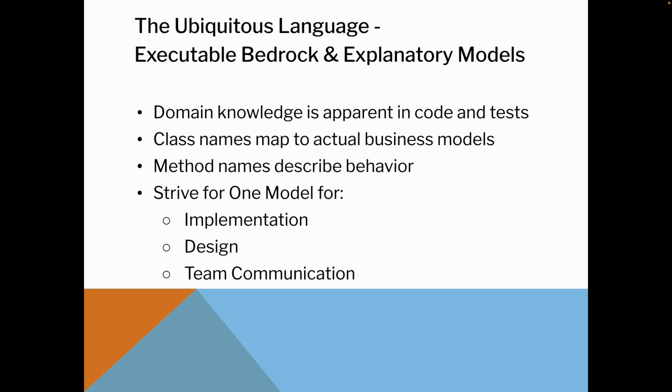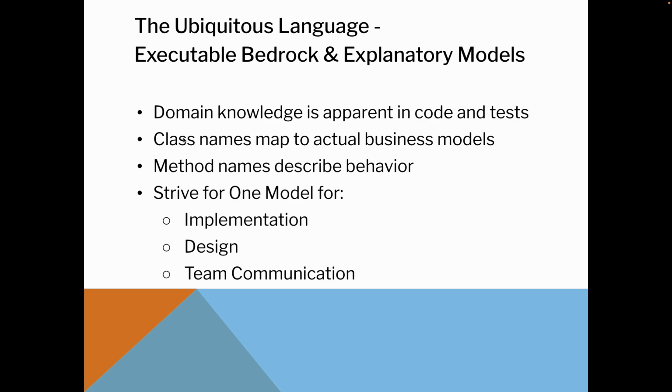Then you can take that and immediately write code that has the domain concepts in the code, using the exact same terminology that the business people use. That way the domain knowledge is apparent in the code and also in the tests. You can write automated tests that document the domain that you're implementing. And that way class names will map to the actual business model.